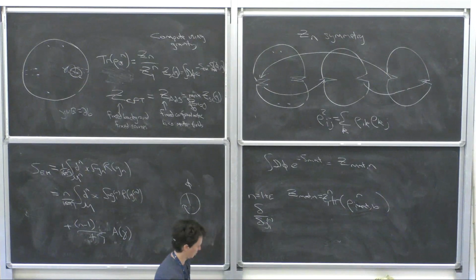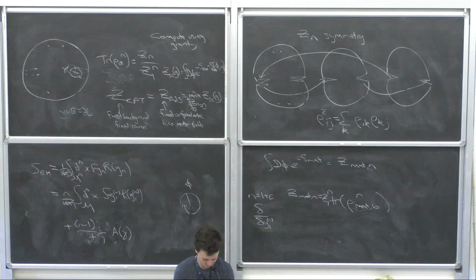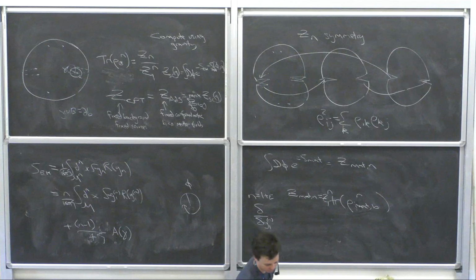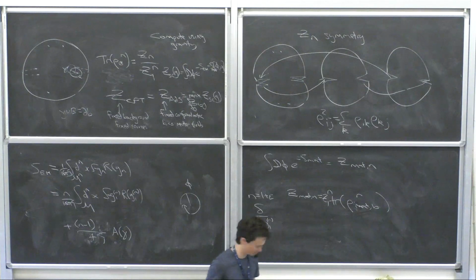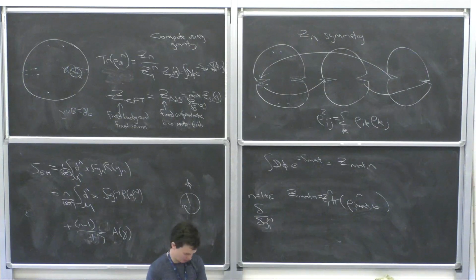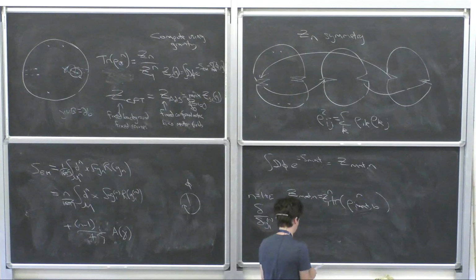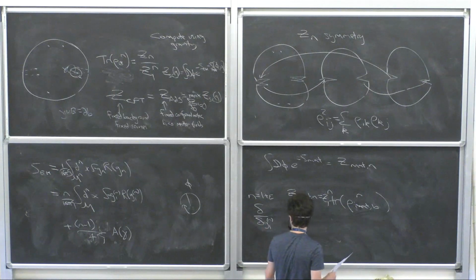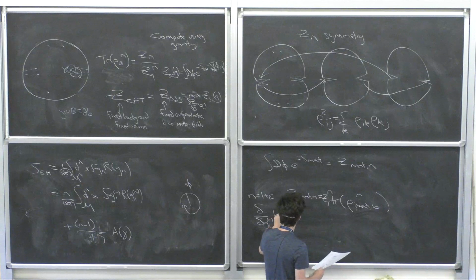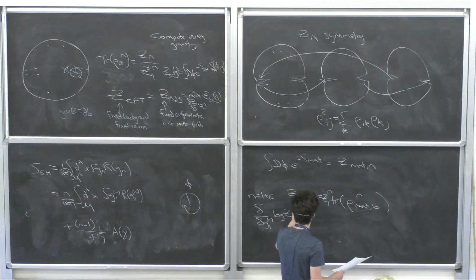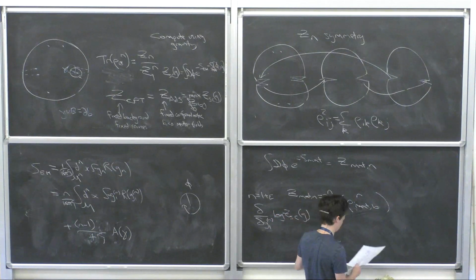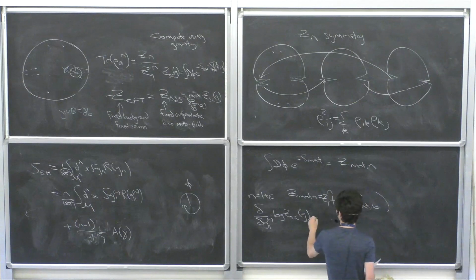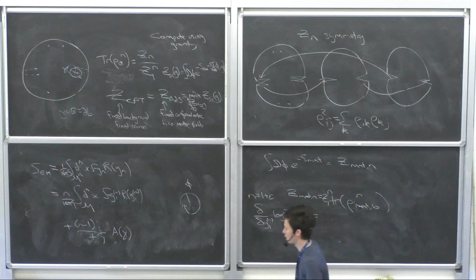First thing we want to do is take the derivative with respect to the quotient geometry of log of the semi-classical path integral on that geometry, at n equal to 1.